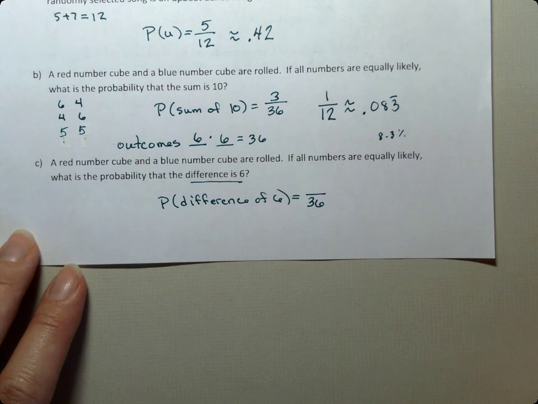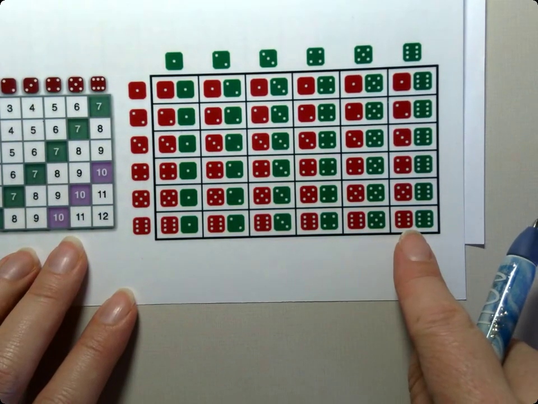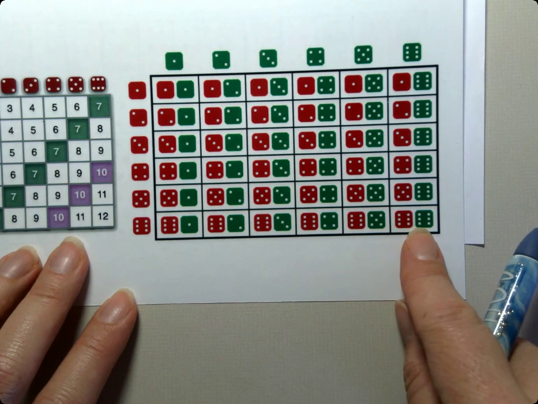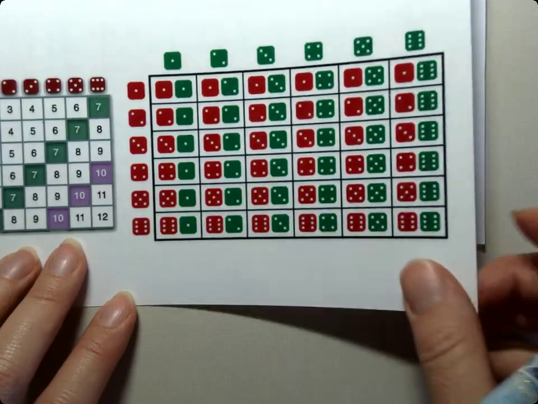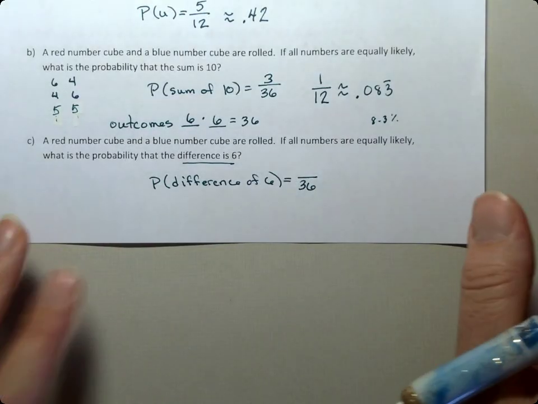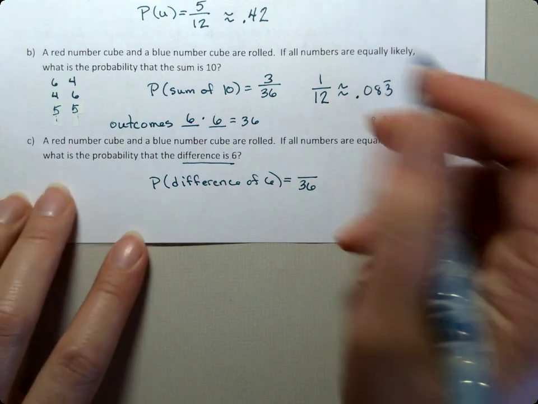Guys, what's the highest number on my die? 6. And what are my other numbers? Guys, I can get double 6s. The difference there is 0. 6 minus 6. 6 minus 5. Guys, 6 and 1 would be a difference of 5.